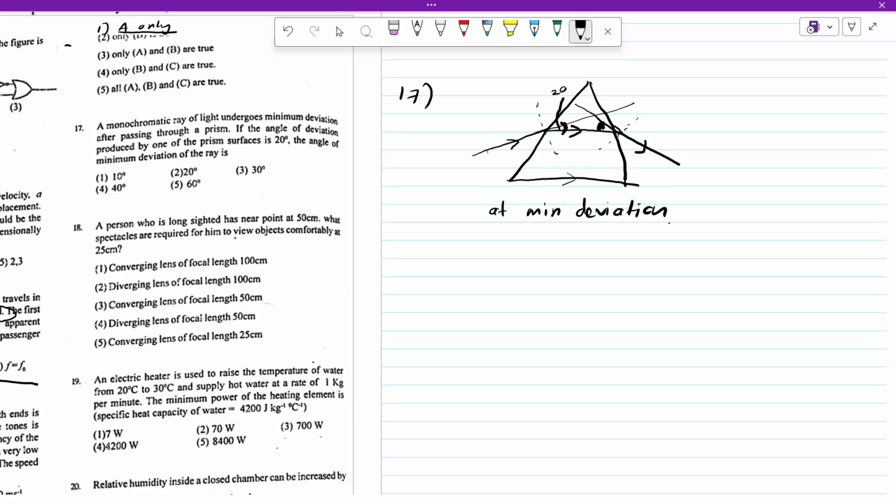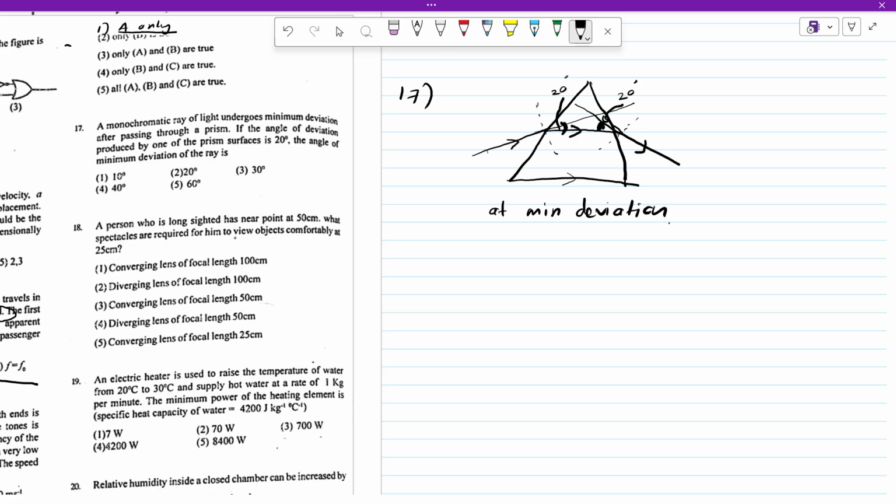Here also the deviation is 20, because at minimum deviation the way in which the light travels is symmetrical. So the deviation at the second surface is also 20 degrees.